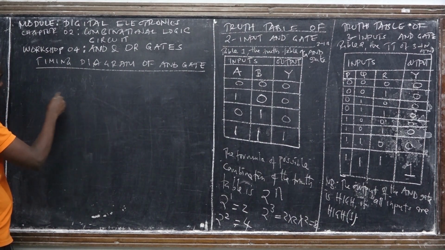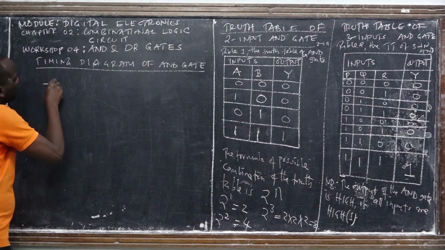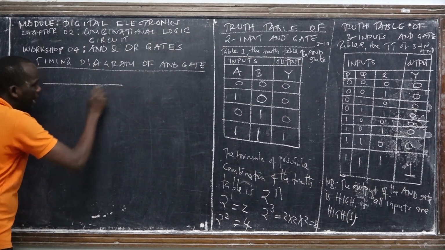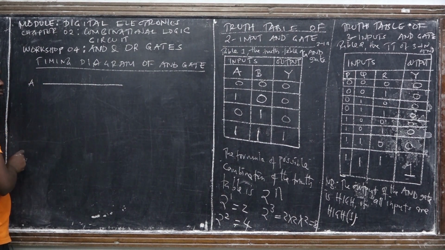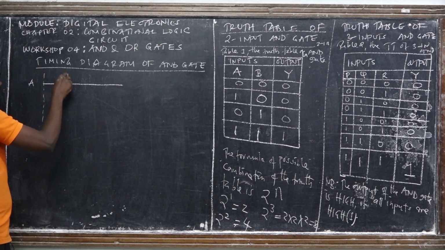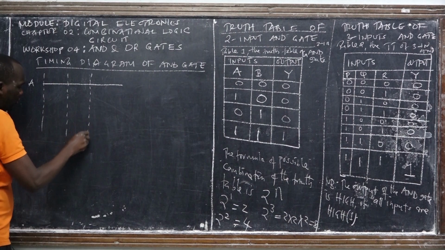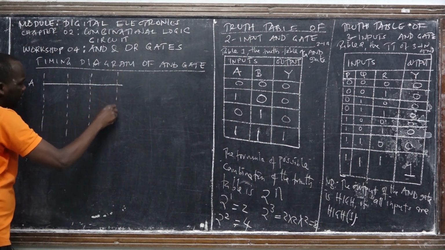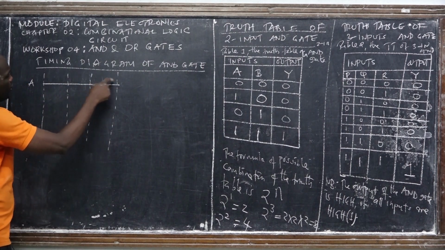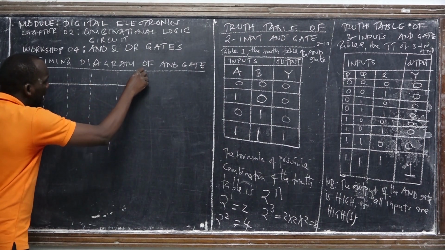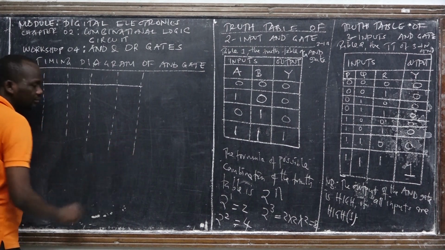Then we start with input A. This is our timing diagram. This is input A. Then we need to have these spaces of time: 1, 2, 3, and then the other one, which is 4.